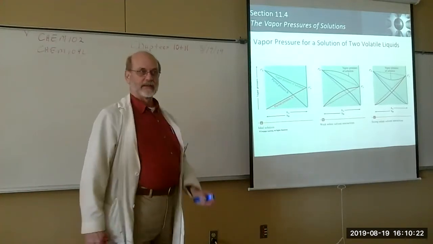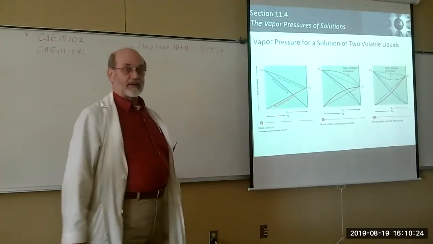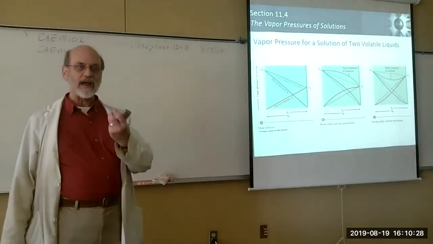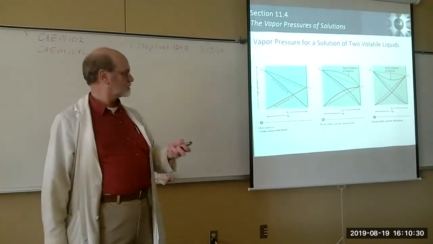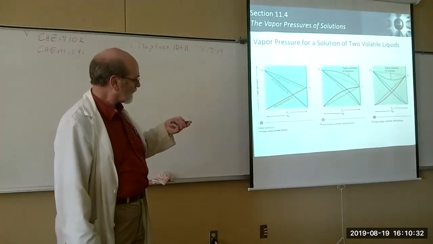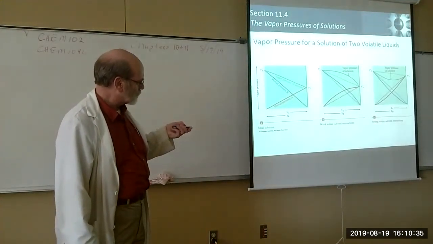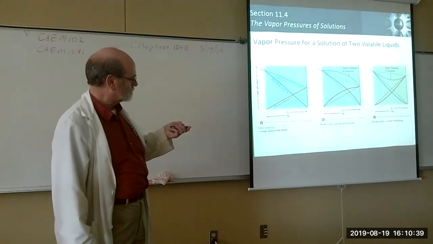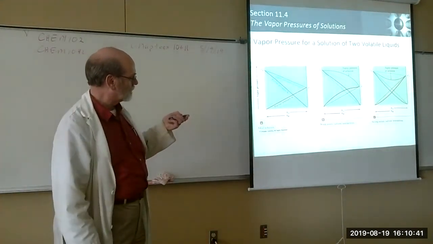Okay? But more often than not, there is some type of interaction. All right? If there's an attractive force between A and B, then you get this strong solvent-solute interaction. They attract one another.